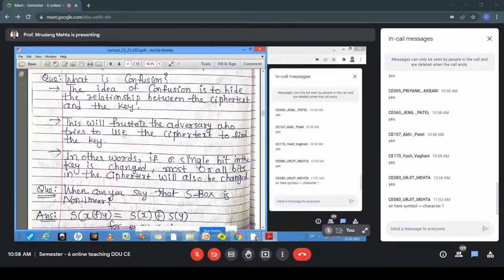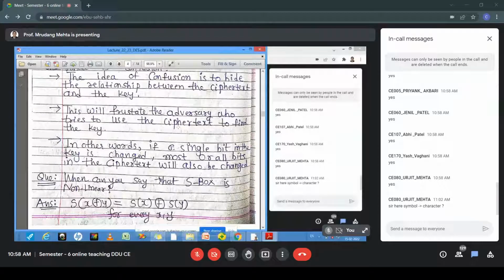Okay, so these terminologies are used. If a single bit in the key is changed, and remember, now we use the term key, most or all bits in the ciphertext will also be changed. So we have three variables: plaintext, ciphertext, and key.